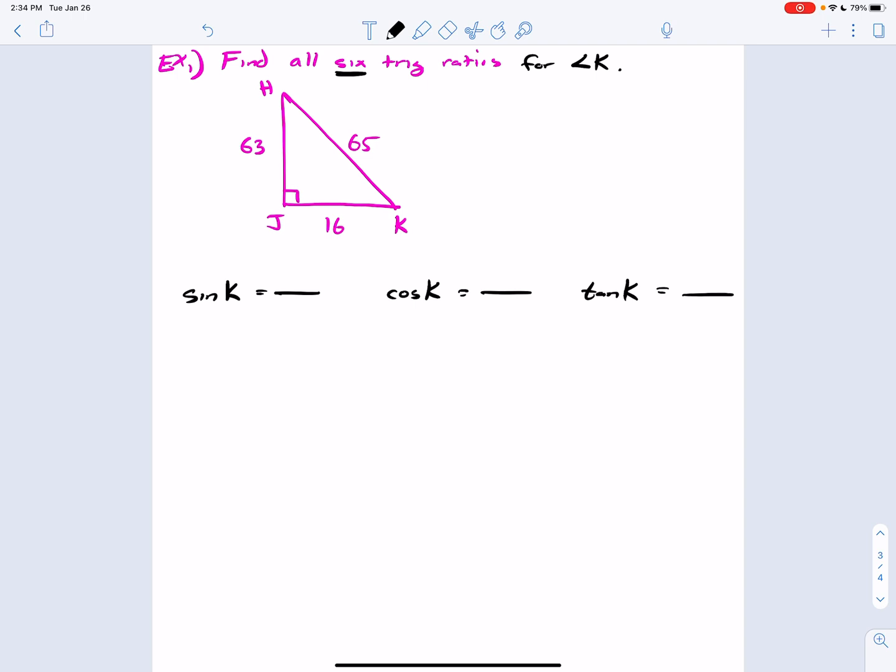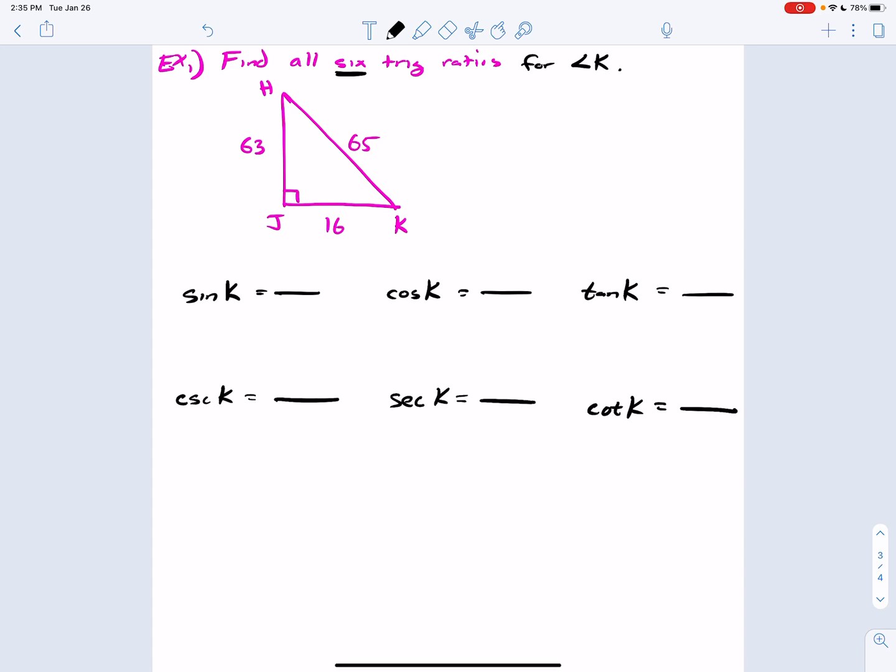See if you can remember it without looking back. Press play when you're ready. Well, I know the reciprocal of tangent is cotangent. And I know that the reciprocal of cosine, C, would be the other S trig function, secant of K. And for sine, the reciprocal would be cosecant.